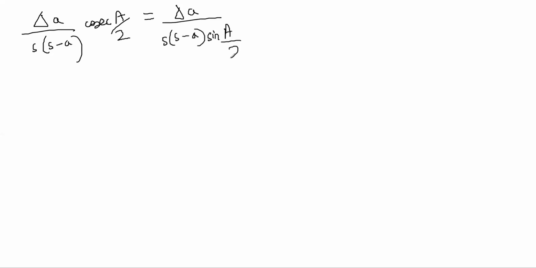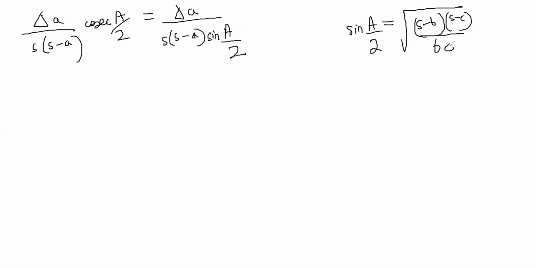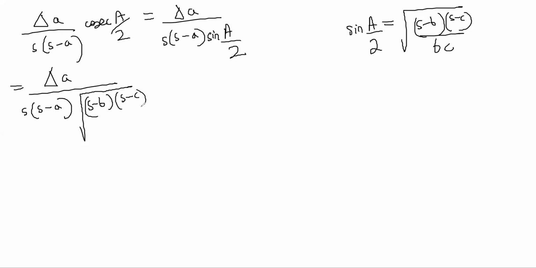And sine A by 2 can be expressed in terms of the sides: sine A by 2 is equal to root over S minus B, S minus C by BC. If you write that, it becomes del A by S into S minus A, times root BC by S minus B, S minus C.